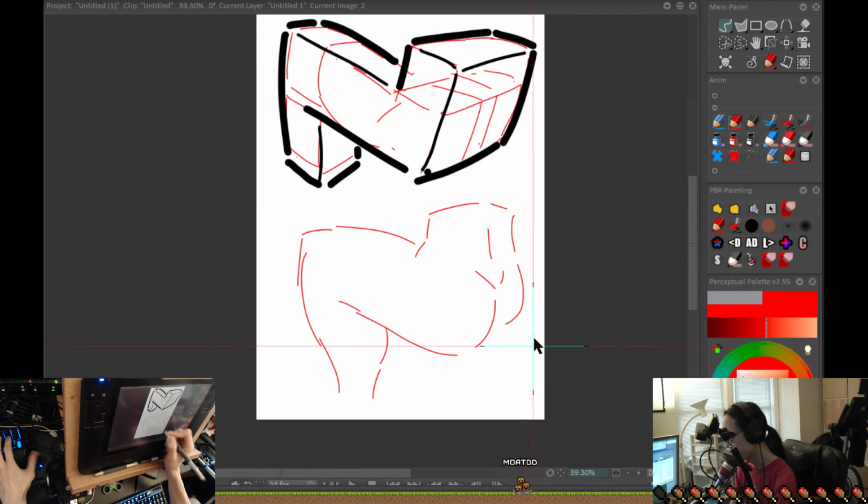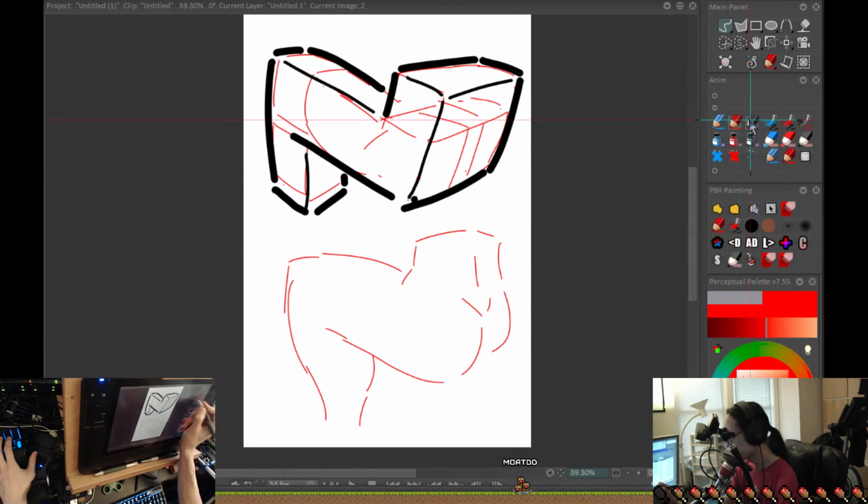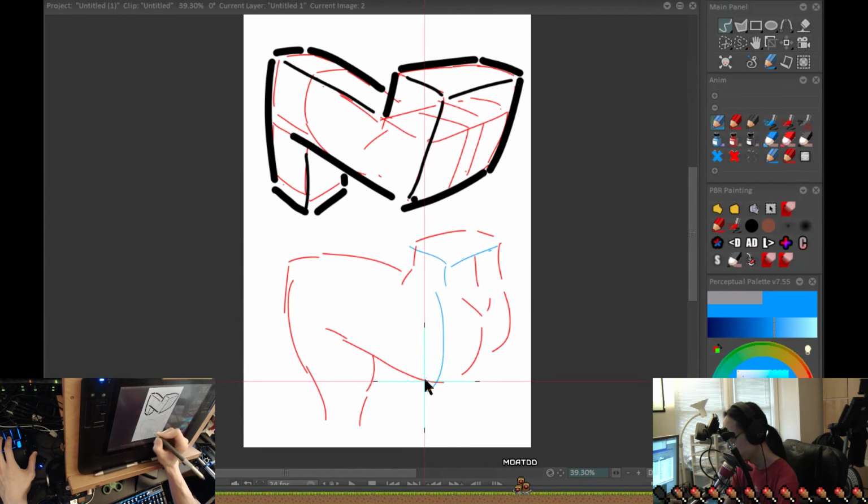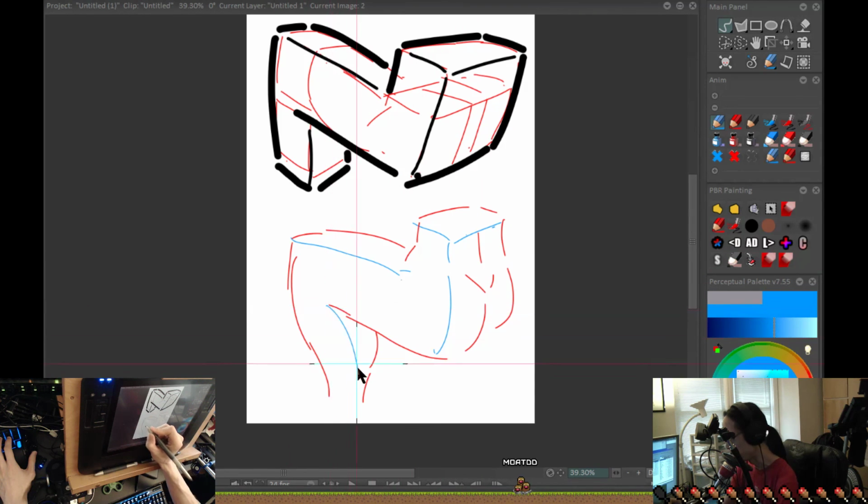So there it is. That's the Tetris block optimization. And these are the inner edge lines, which you would omit for the minimalistic look.